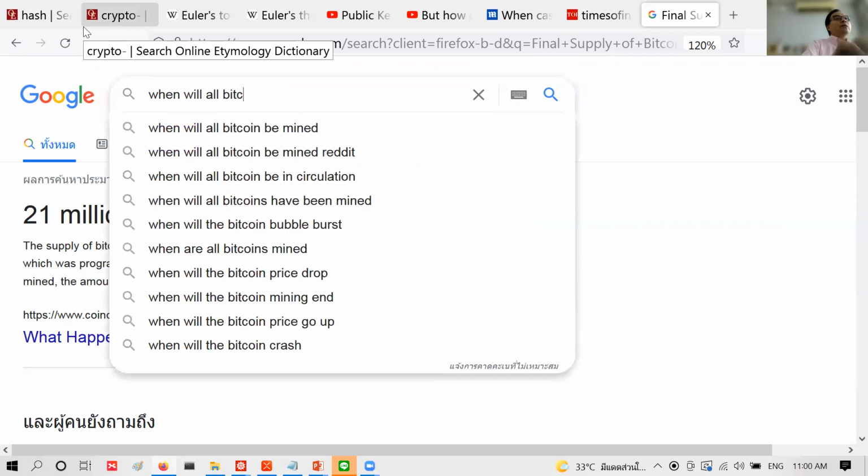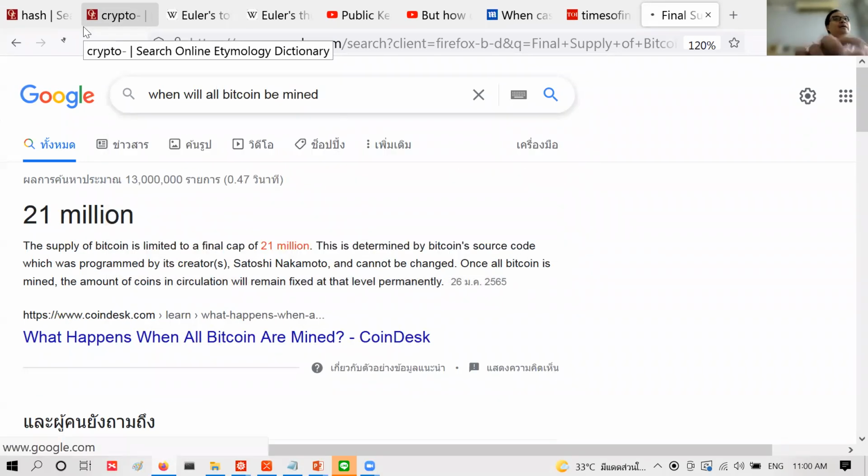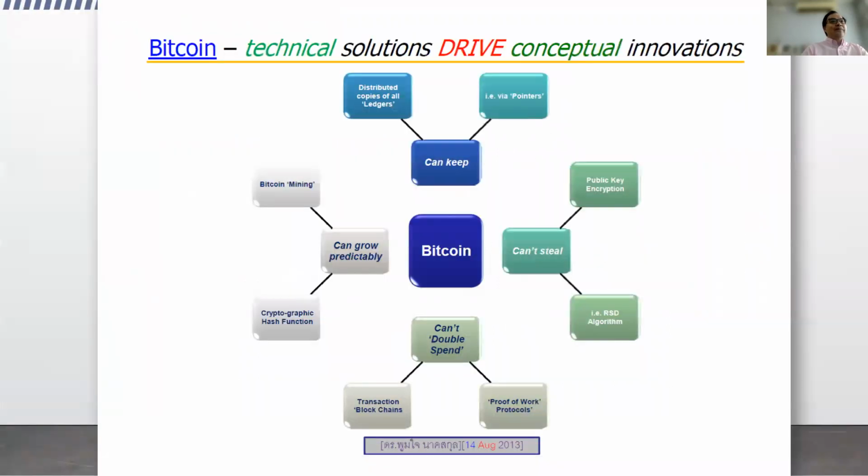When will all Bitcoin be mined? Roughly 2040. Forget about how much it's worth in dollars, I'll get to that.